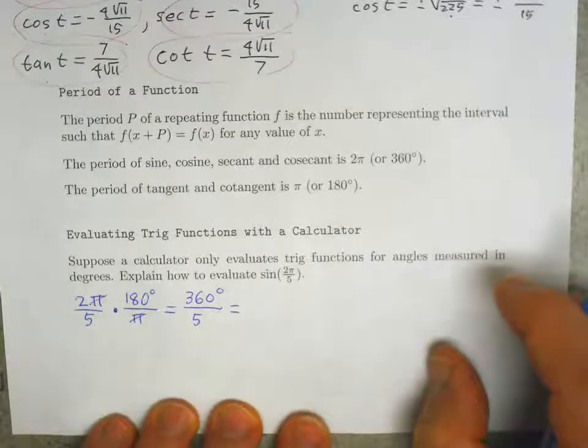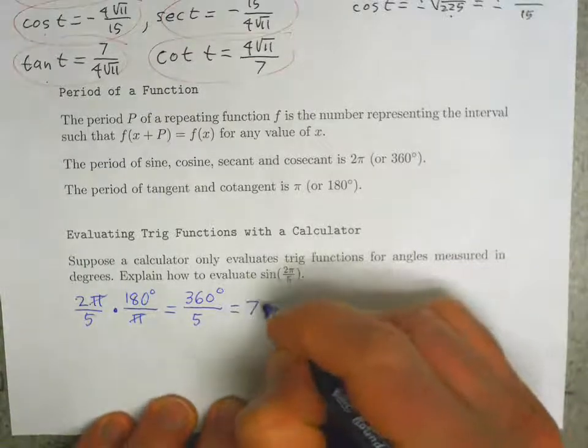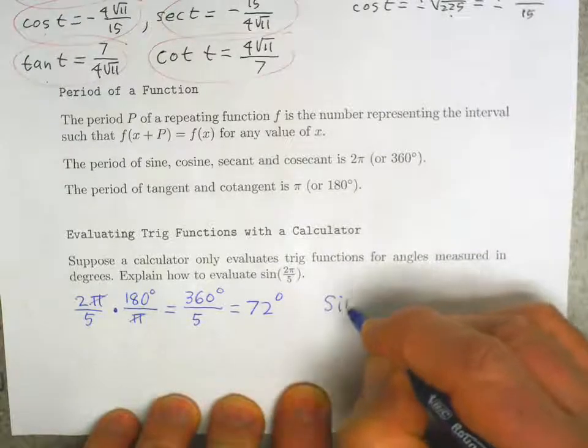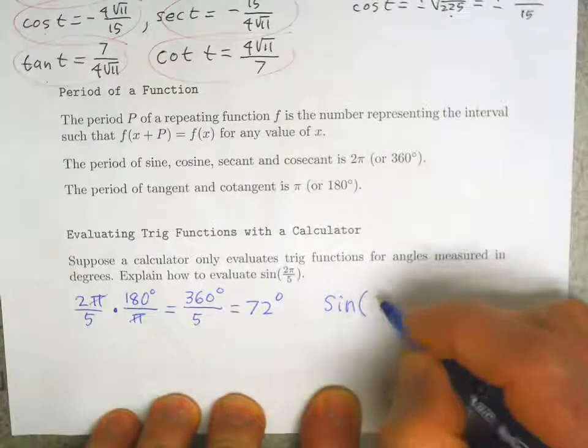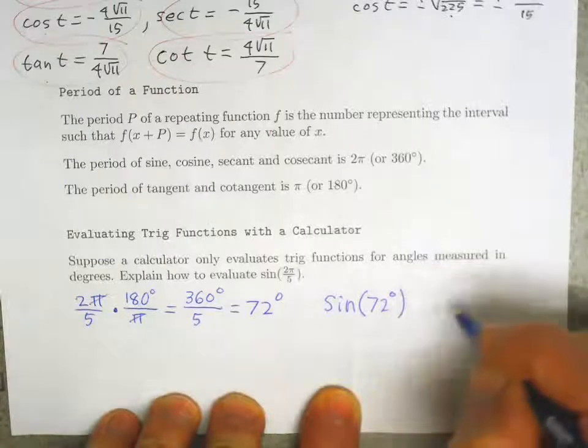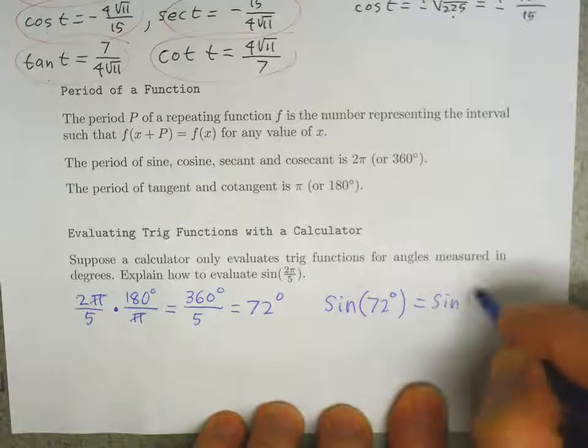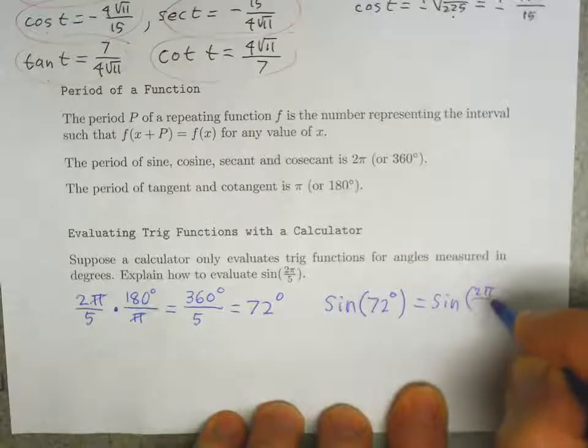And 360 degrees divided by 5 is 72 degrees. So you can then just use sine of 72 degrees. That's the same value as sine of 2 pi over 5.